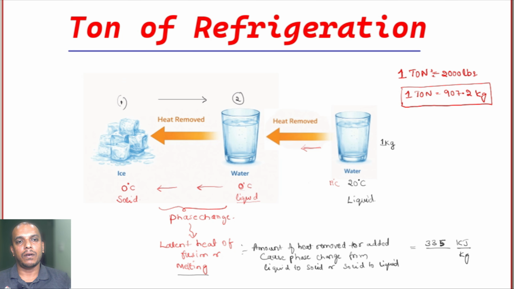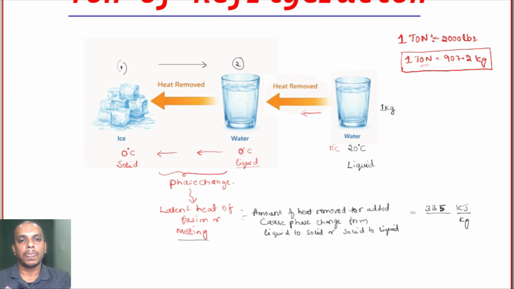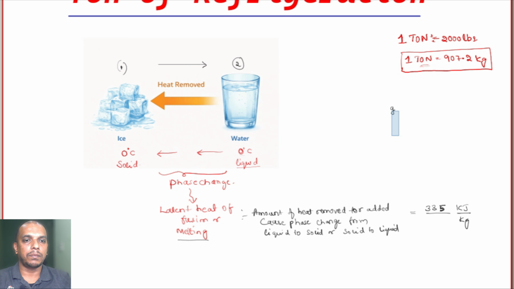This is not our metric ton, which is 1000 kg, or even the UK ton, which is 1016 kg. What we are talking about is the US ton, so 1 US ton is equal to 907.2 kg. This we had just taken for understanding purpose.